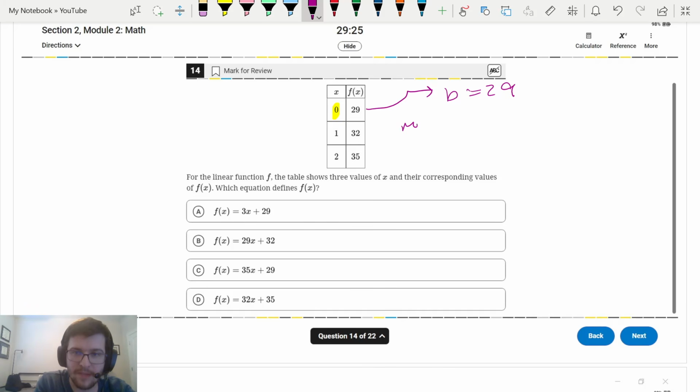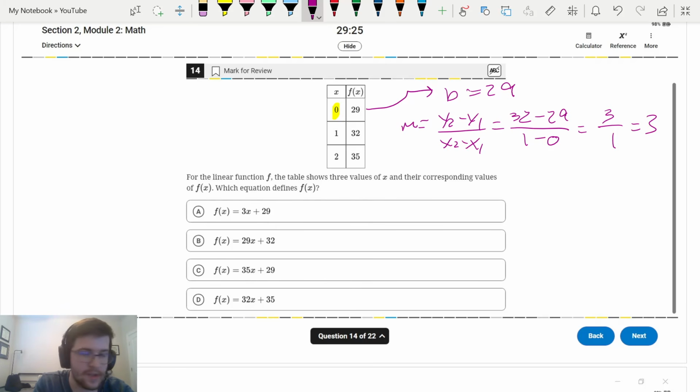Now to find the slope, we do m equals y2 minus y1 over x2 minus x1. Now you pick out any 2 points. So 32 minus 29 over 1 minus 0. So that's 3 over 1, which is 3. So the equation is y equals mx plus b. So 3x plus 29. And that is answer choice A.